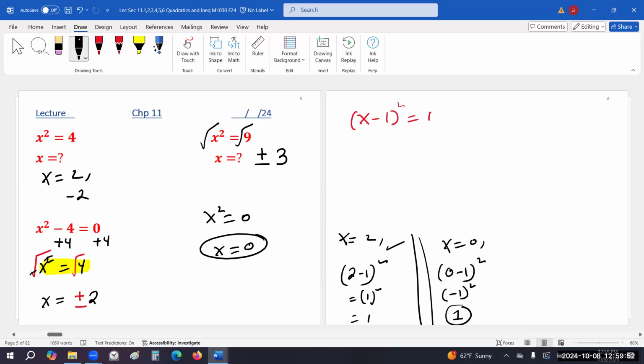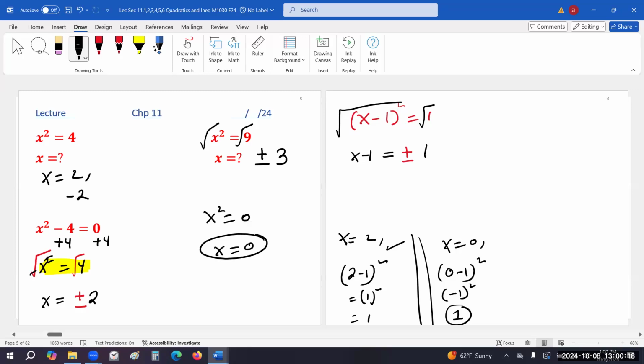So usually when we solve any quadratic, we get two solutions. That's why we have plus minus. If you take the square root, we have x minus 1 equals plus minus 1.